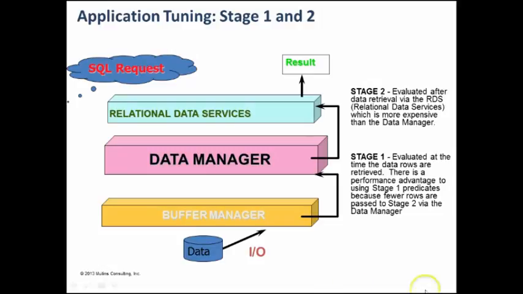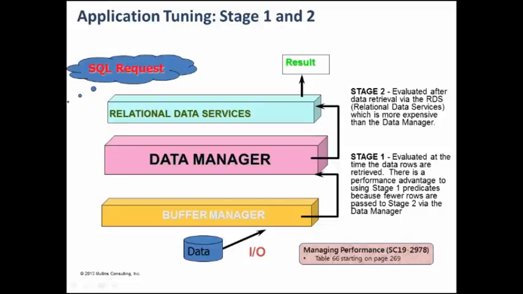If the predicate can be applied at the data manager level, it's stage 1. If the predicate has to be applied at relational data services, it's stage 2. Stage 1 predicates outperform stage 2 predicates. Why? Because less data needs to be passed from one component to another of DB2. The less data that goes along these pipes, the more efficient your query becomes. So favor stage 1 over stage 2 predicates, the same way we favor indexable over non-indexable.